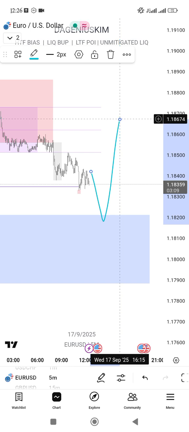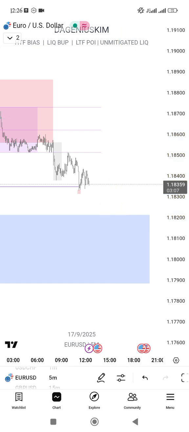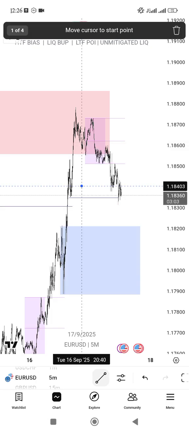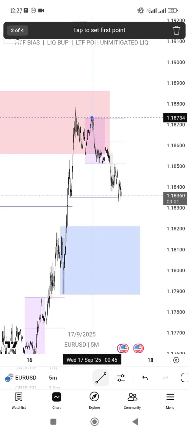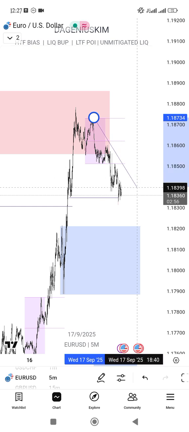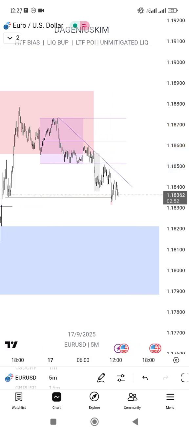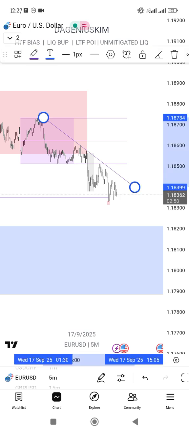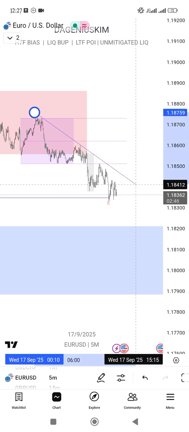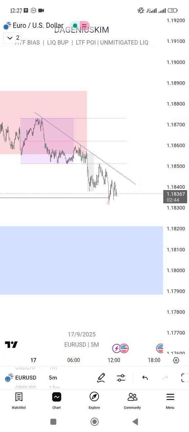Now, the second option would be, what other liquidity do we see? I'm seeing this guy as a liquidity. This looks somewhat like a liquidity to me. We have one touch, two touch, probably would have another touch.